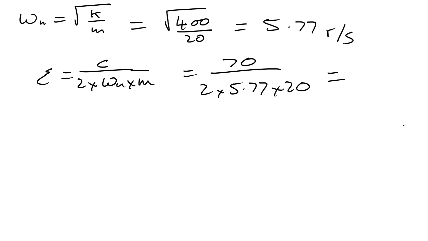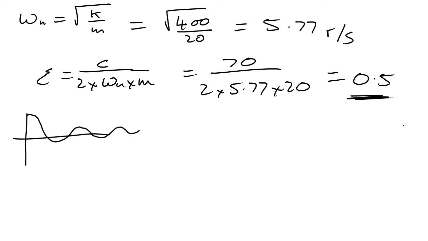And that gives me a damping ratio of 0.5. So what does this tell us? This tells us that it's an underdamped system, and our system response then is going to be like this, isn't it? Where we get oscillation, but it will die away.